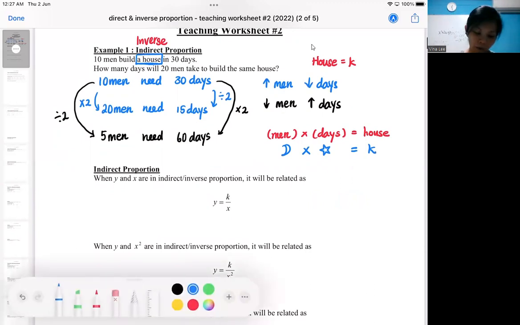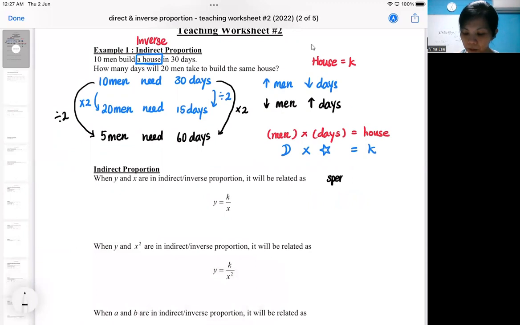The amount you spend plus the amount you save will be equal to the pocket money that your mom gave you. Your mom gave you a fixed pocket money. So if you decide to spend more, you actually will save less, because your mom is not going to give you extra pocket money. The pocket money is not changed.